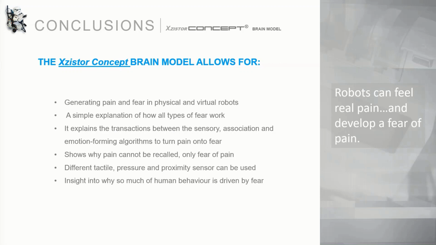We have shown many different tactile, pressure, and proximity sensors can be used. And probably most importantly, developing this algorithm has given us great insight into why so much of human behavior is driven by fear. It's really true that fear and different types of fear and derivatives of fear dominate human behavior.